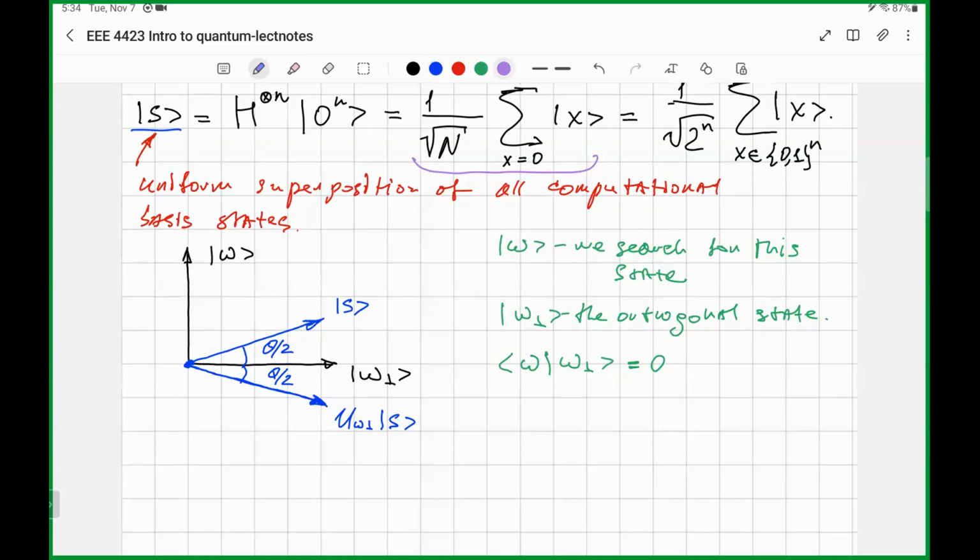The new vector will point in this direction, and the angle between this new vector and vector S is going to be theta.